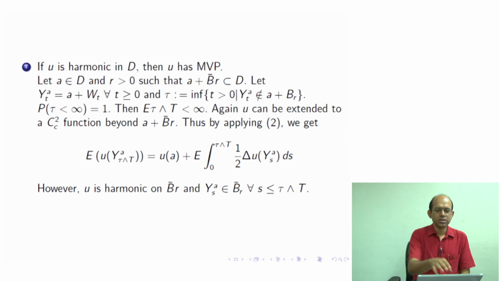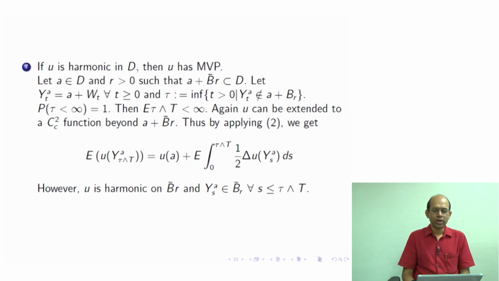Remember that this statement itself is a statement in analysis. It involves no probability, because it says U is harmonic in D, which is an analytical property, and we want to prove that U has MVP, the mean value property, which is also an analytical property.